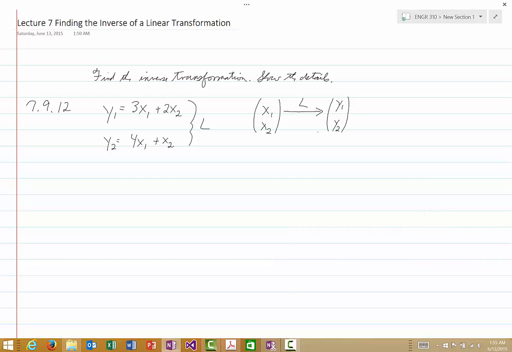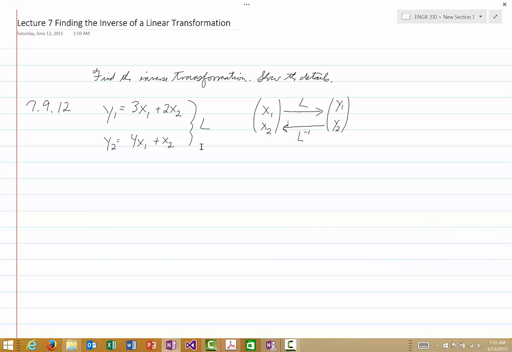Now, what the problem is asking us to do is to find the inverse transformation, L inverse, that would take us back from y1, y2 to x1, x2. And so, one way of solving this problem is to simply solve for x1 and x2 in terms of y1 and y2.